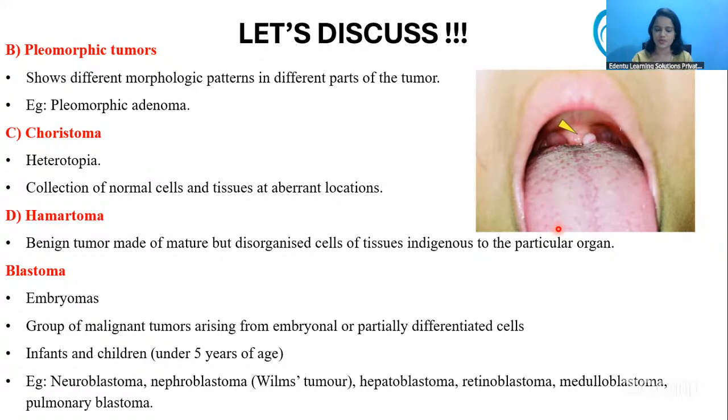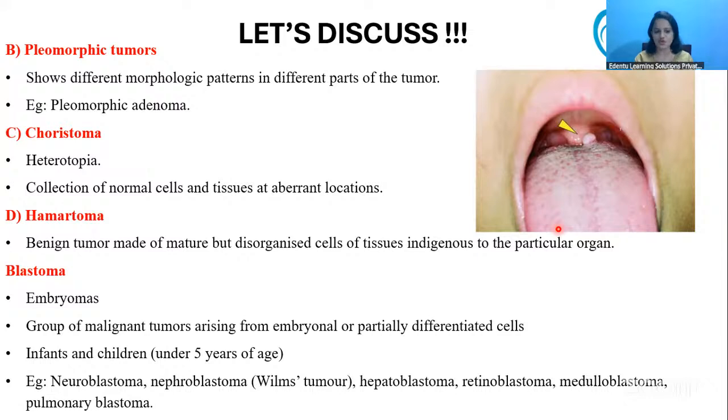Then we have the hamartoma. Hamartoma means the cells are native to that particular organ itself, but disorganized. It is a benign tumor made of mature but disorganized cells of tissues indigenous to that particular location.